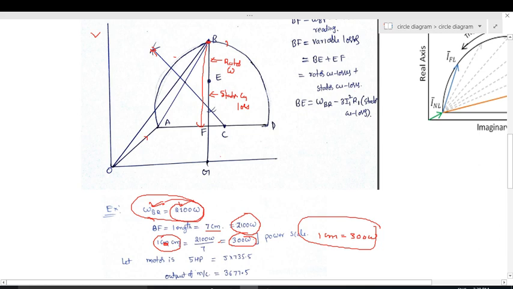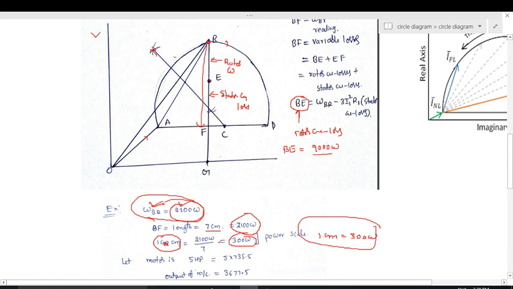For example, the rotor copper losses are 900 watts. To locate point E, from this we got the rotor copper losses as 900 watts.